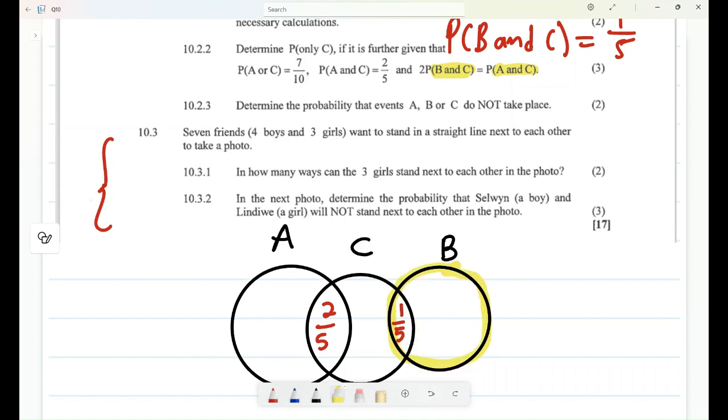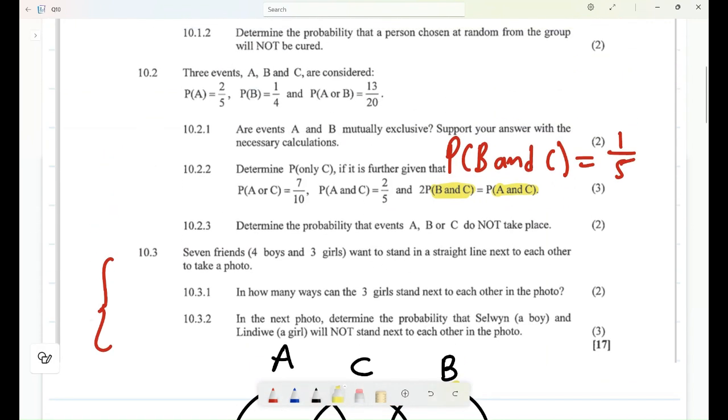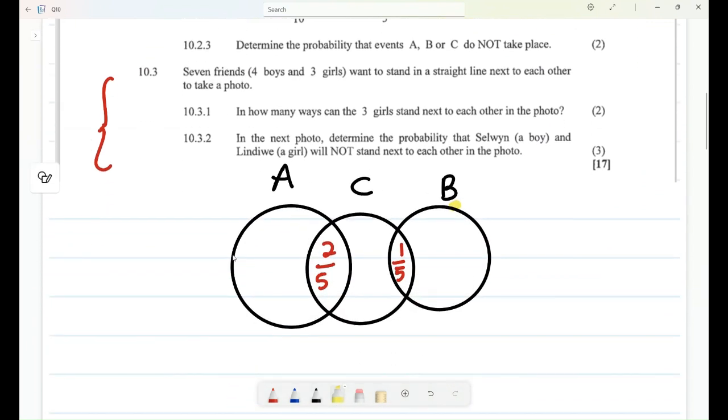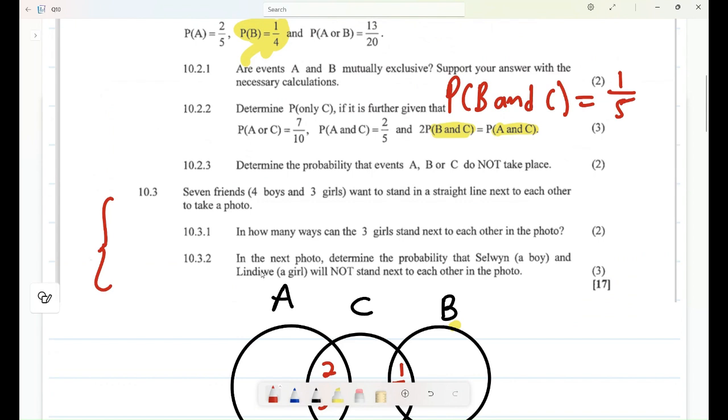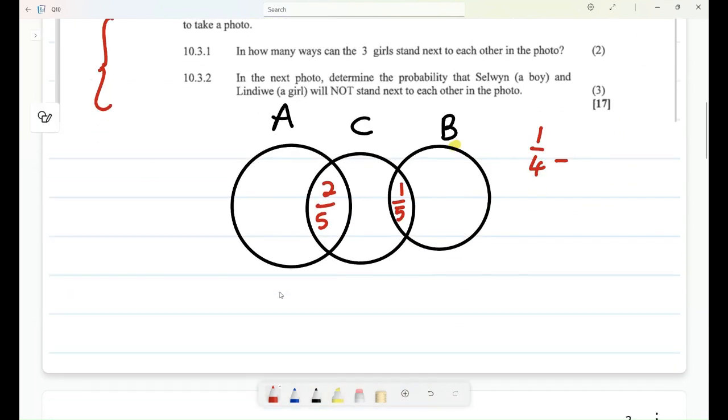So what you need to do is say probability of B, what you have here, minus the intersection. So if I say probability of B, which is 1 over 4, minus the intersection, which is 1 divided by 5, I get something like 1 divided by 20.